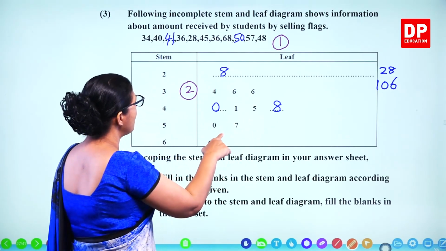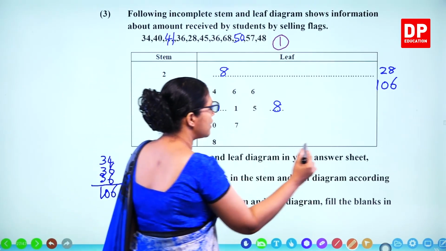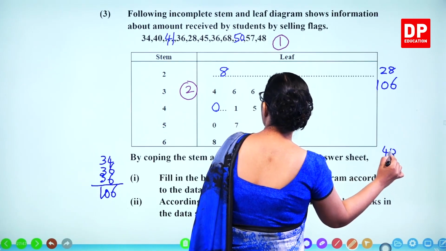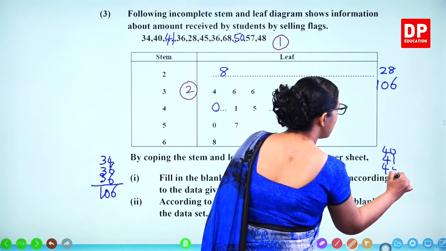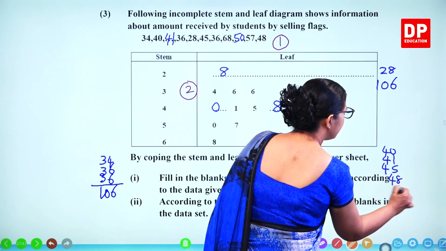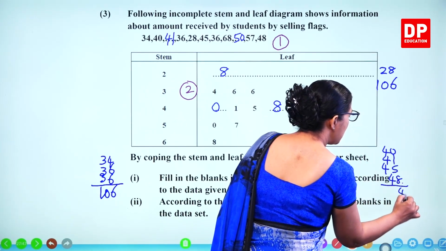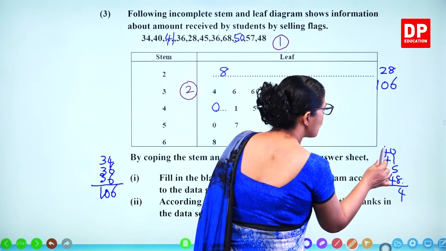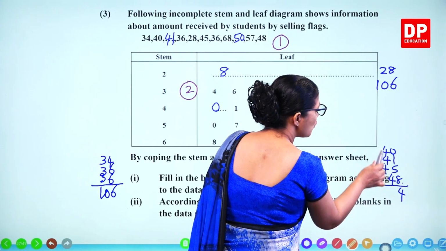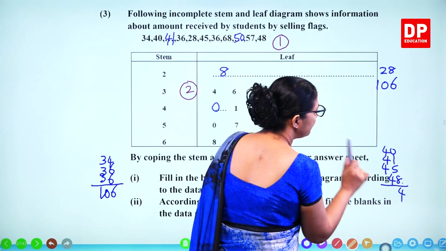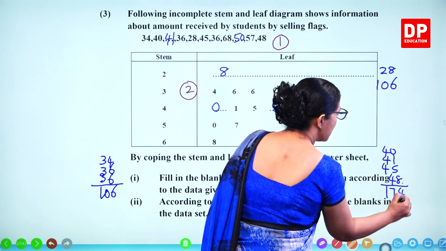What about the total of this one? 40, 41, 45, 48. 8 plus 5, 13 plus 1, 14. 1 remaining. So 4 times 4, 16. 16 plus 1, 17.